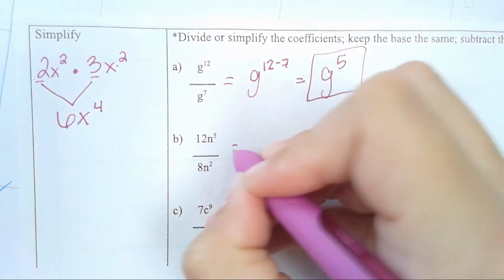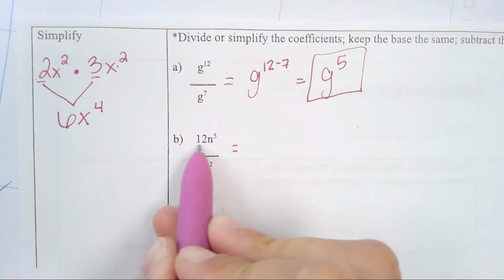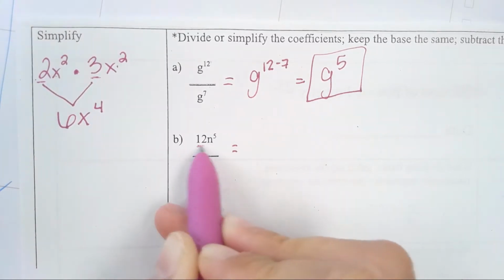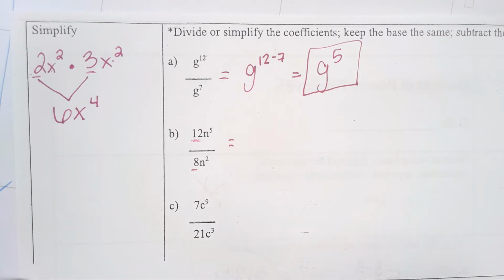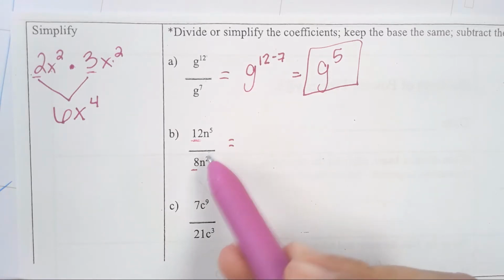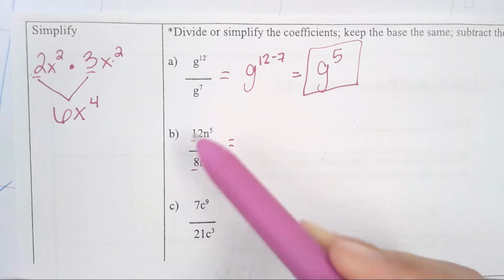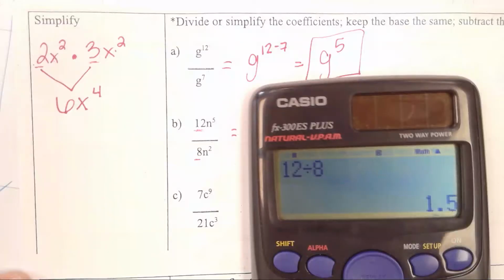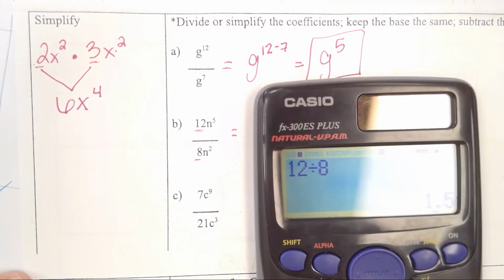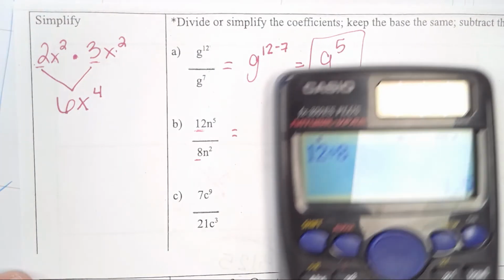Now look at B. So notice how 12 and 8 are our coefficients. So the first thing that we need to do is simplify those by dividing. If you cannot divide these into a whole number, like if I were to take 12 divided by 8, sorry, my video paused.